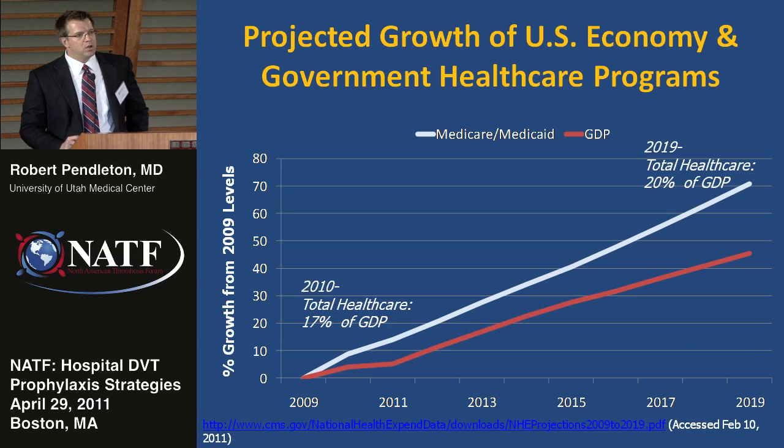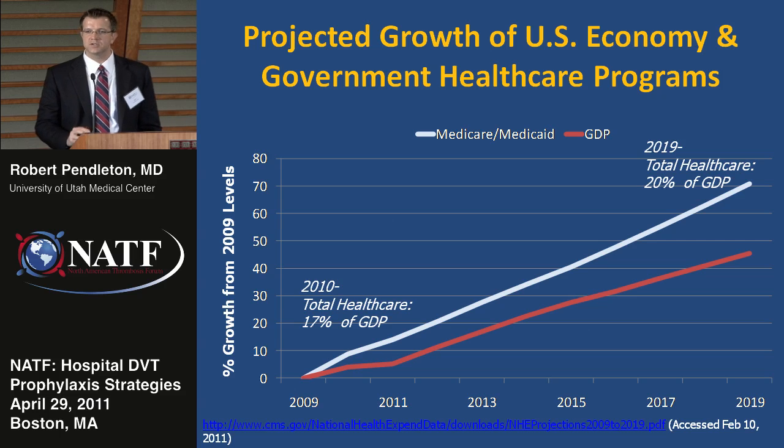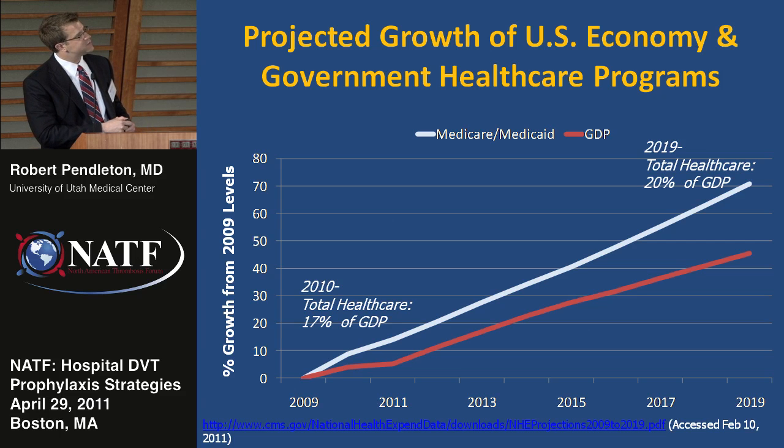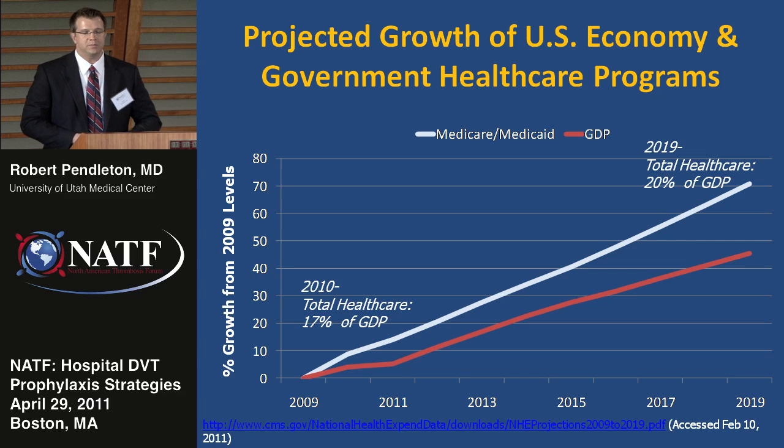Well, the high amount of expenditure is projected to become even greater, with really rapid escalating healthcare costs, such that by the year 2019 we'll see another 70% increase in our government healthcare spending, and the percent of our gross domestic product will rise from 17% to 20% of our GDP.